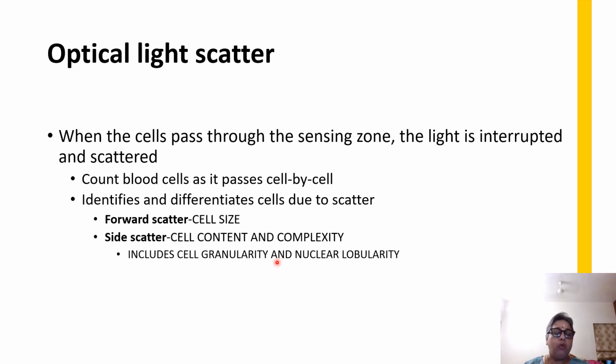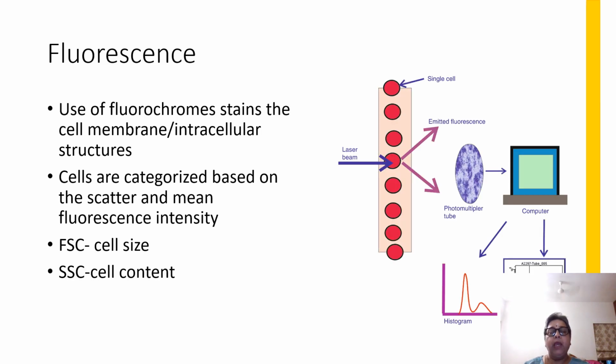So all this will determine how and where the cell scatters. And like I told you, it will get identified and differentiated based upon the scatter due to the light that falls upon them.